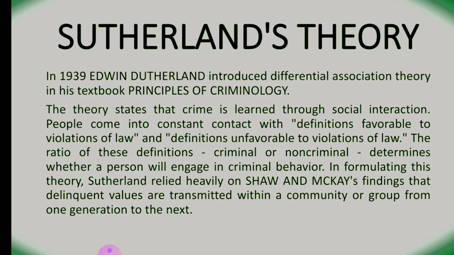The ratio of these definitions, criminal or non criminal, determines whether a person will engage in criminal behavior. In formulating this theory, Sutherland relied heavily on Shaw and McKay's findings that delinquent values are transmitted within a community or group from one generation to the next.